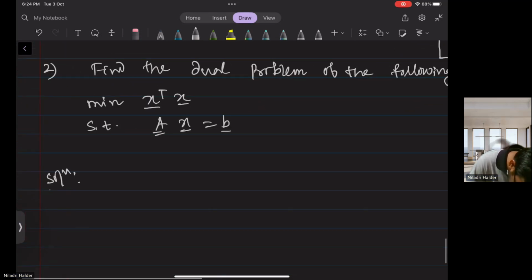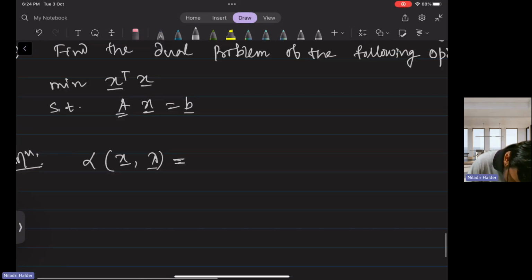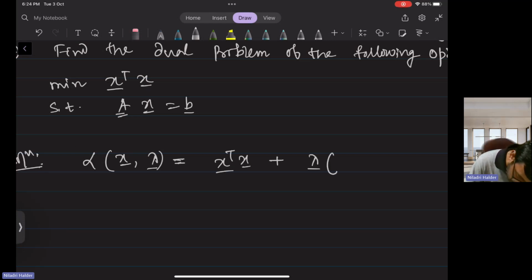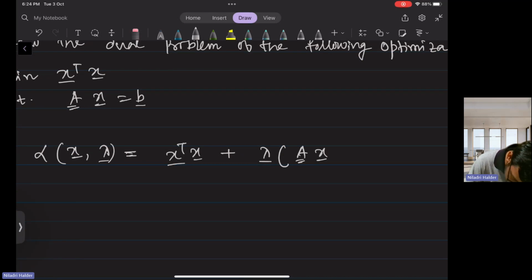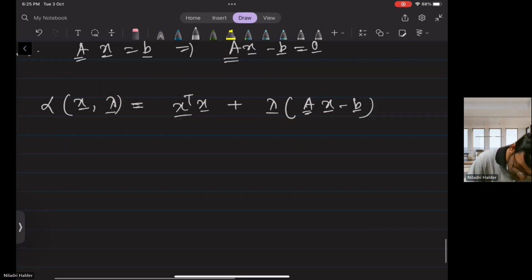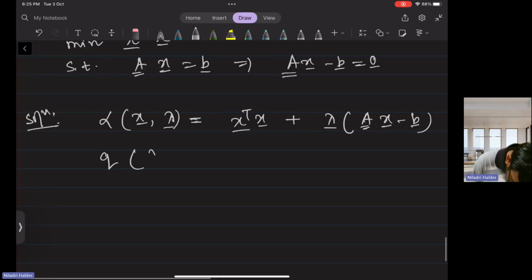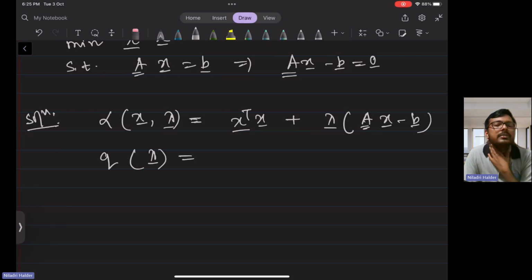So first we need to find out the Lagrangian. So Lagrangian L of x comma lambda means this objective function f(x) plus lambda times (A x minus b), where A x minus b is equal to 0. Then we need to find another function q of lambda, which is only a function of lambda, not x.